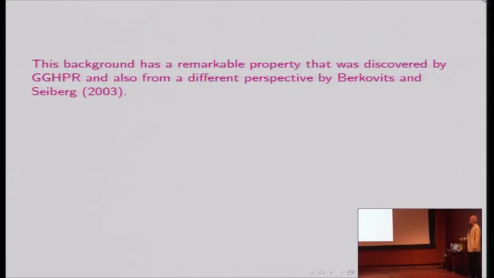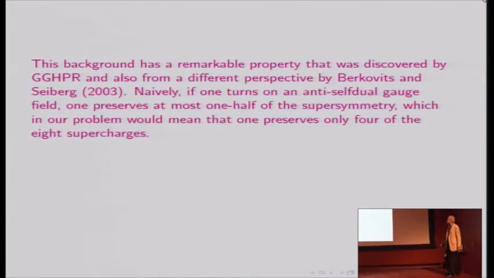The background has a remarkable property that was discovered by Gauntlett et al., and from a different perspective by Berkovits and Seiberg. Berkovits and Seiberg were not working in 5-dimensional supergravity. Their point of view was completely different. Naively, if you turn on an anti-self-dual gauge field, you preserve at most 1/2 of the supersymmetry, which in our problem would mean preserving 4 of the 8 supercharges.